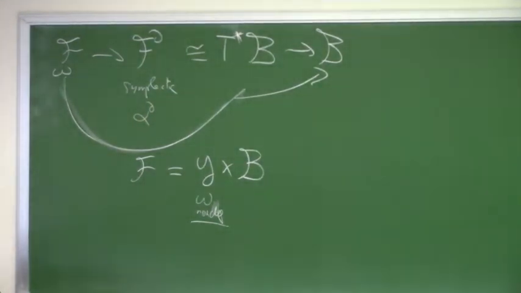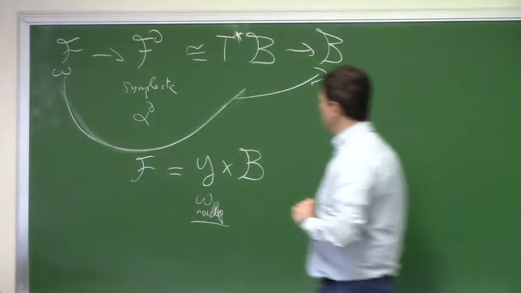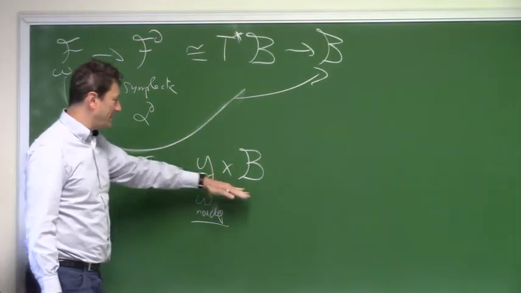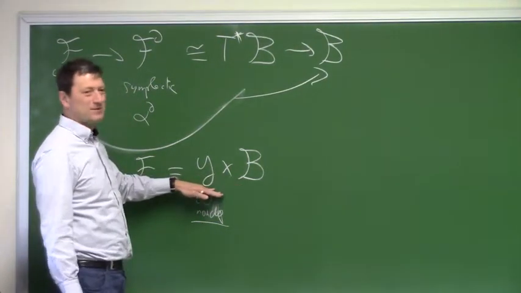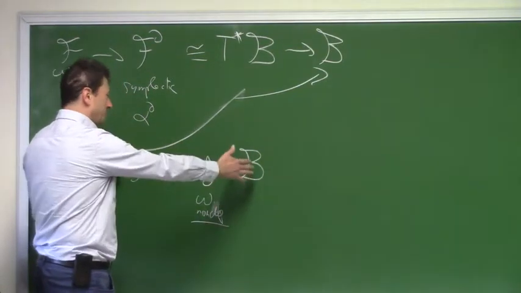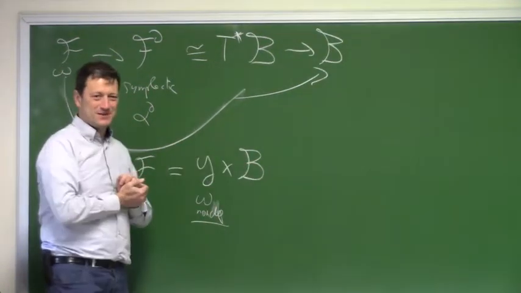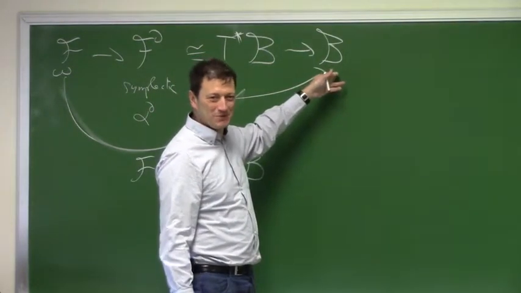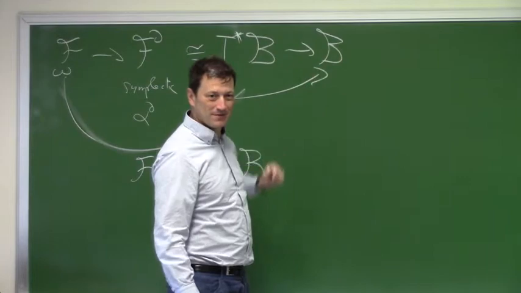Why are you assuming that B is flat, so its cotangent bundle is trivialized? Yes. Either you make this local, or, if you want to make it global, we have strong assumptions over this fibration.